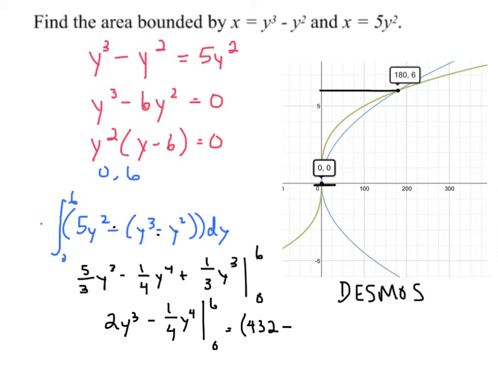So 6 to the 4th divided by 4, probably need a calculator, it is 324. If I plug in 0, I get 0. So 432 minus 324 is 108. So you can see, I changed the scale here, but you can see, it goes all the way to 180 in the x direction. There's a lot of area under this thing. So the total area between those curves is 108.